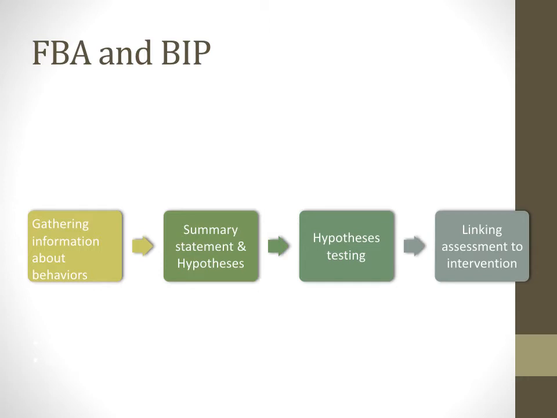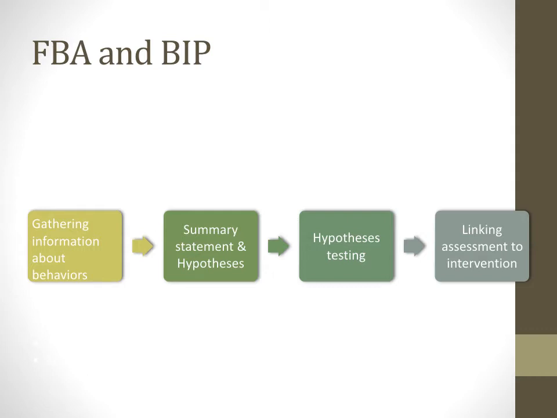Let's review the process of FBA and BIP. So you need to gather information about the challenging behaviors. You can do interview, or you can use rating scale, or you can do ABC analysis, or scatter plot. And then you will come up with summary statements.